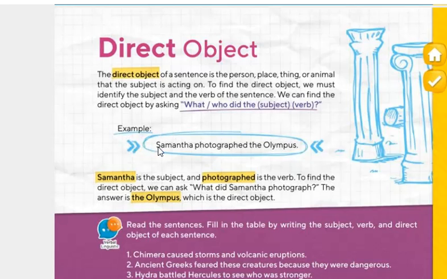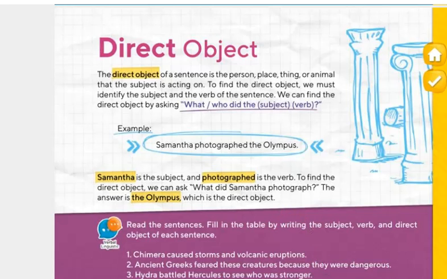For example, Samantha photographed the Olympus. Samantha is the subject and photographed is the verb. To find the direct object, we can ask, what did Samantha photograph? The answer is the Olympus, which is the direct object.